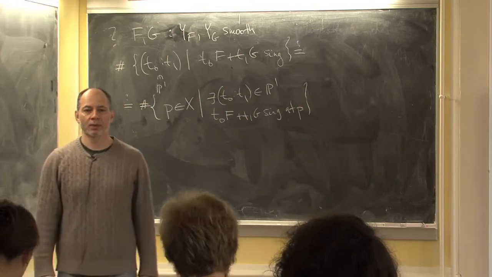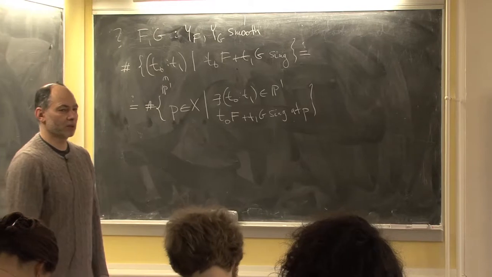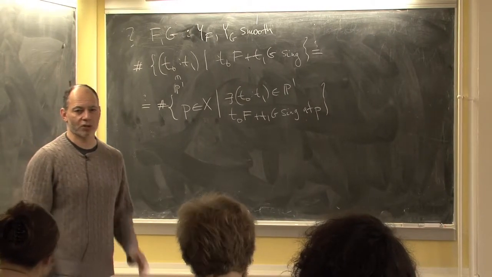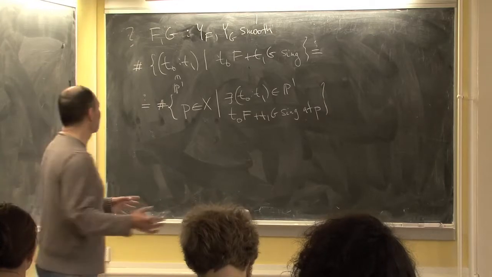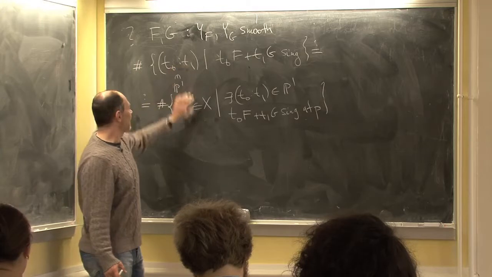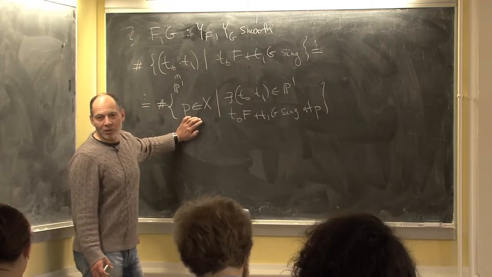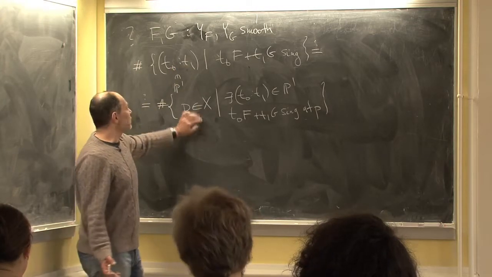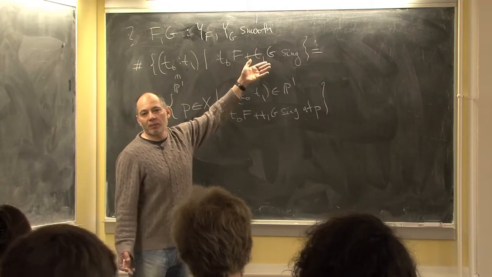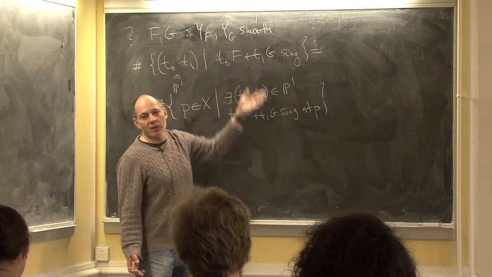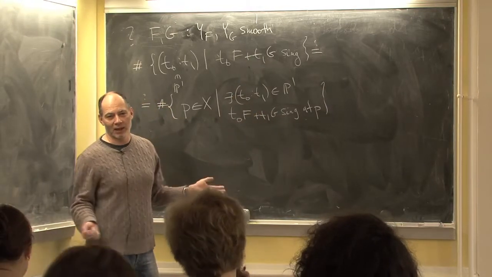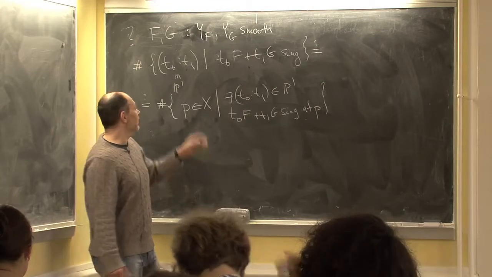This is kind of a triviality in a sense, but I changed the picture completely. Here I was counting points on the projective line, and now I'm counting points in X. But the logic is simple: since a generic hypersurface that will appear has only one singular point, it's enough if I count the total number of singular points in the pencil at any place.